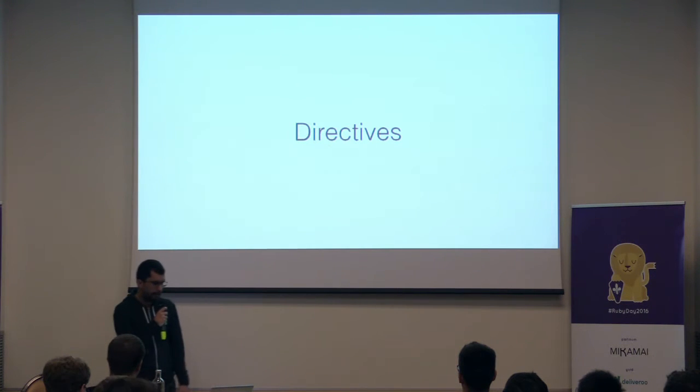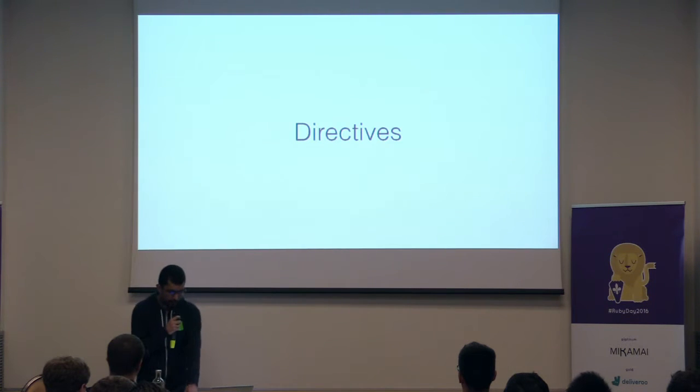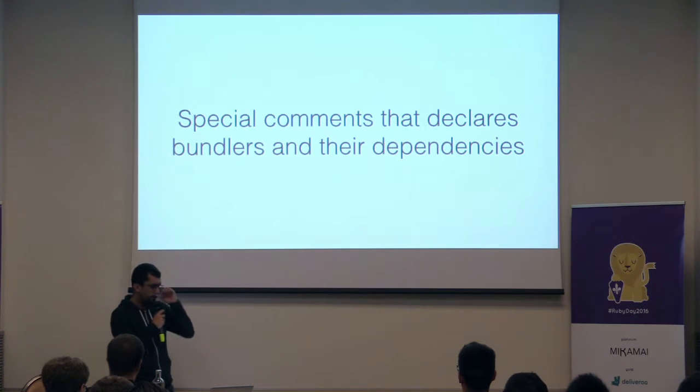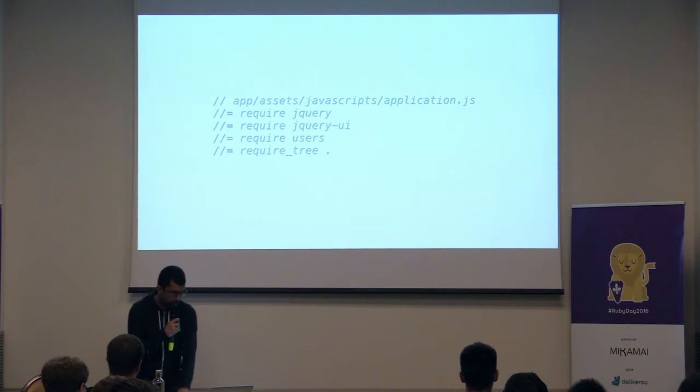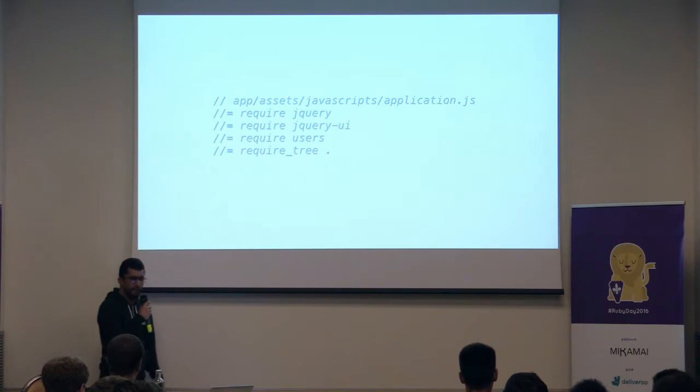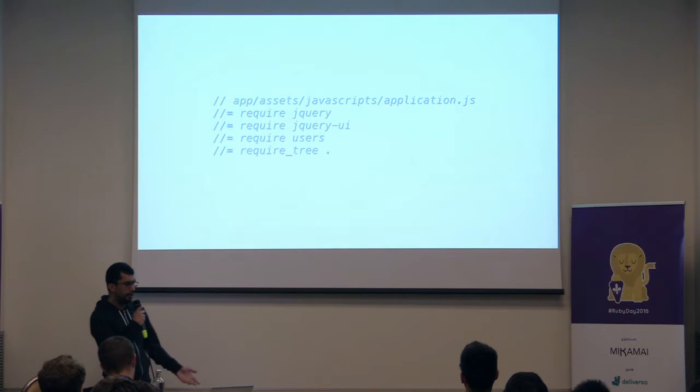Sprockets also has a concept called directives, and directives are special commands that declare bundles and their dependencies. It looks like this. They're just comments on top of the files, actually any part of the file. What these comments do is tell Sprockets some information about what it should do.